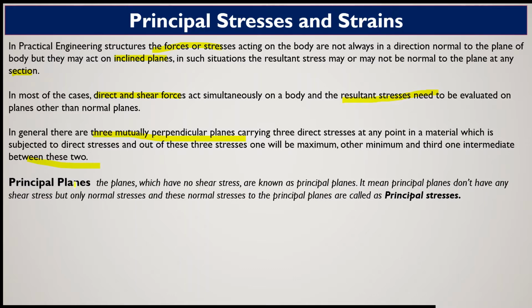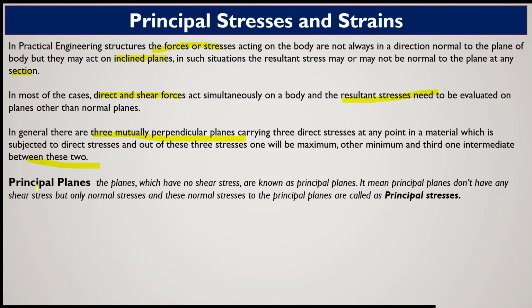If you go through any structure or any body, and select an element, then there will be an infinite number of planes which may pass through that element. What we are concerned about are three mutually perpendicular planes and how the stresses are acting on these planes.